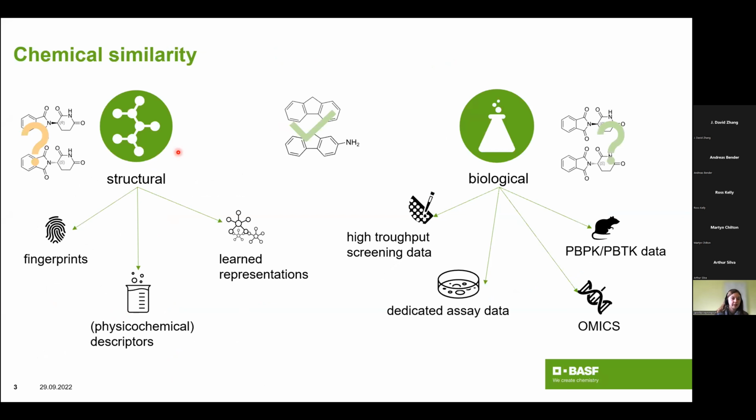On the left-hand side, if we talk about structure similarity, what we usually talk about is fingerprints, some descriptors, be it physicochemical descriptors or other calculated values from a structure, but nowadays also more learned representations, such as graph-based fingerprints, autoencoder-based fingerprints, and so on. But something that most of these representations have in common is that they might be able to trace these subtle differences, but usually they are not able to trace three-dimensional configuration changes.